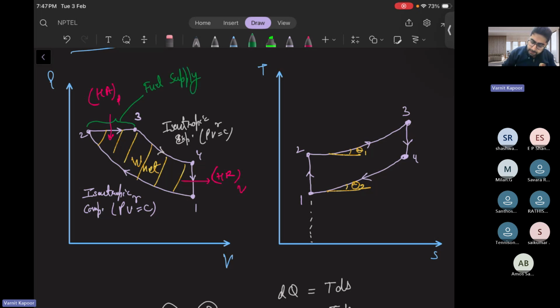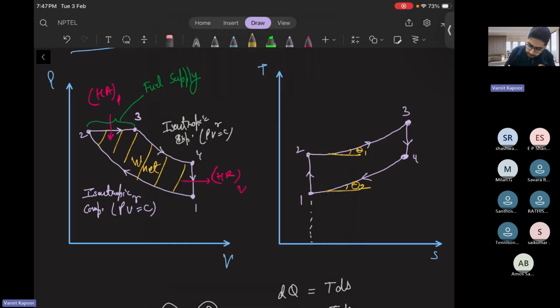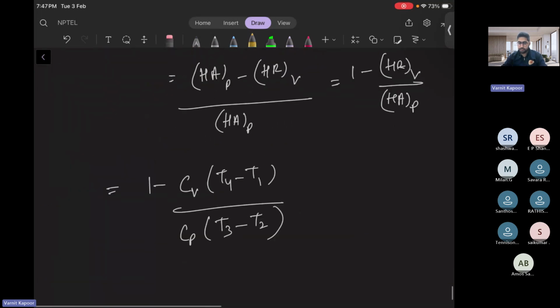And point number 3 is basically your cutoff point. Cutoff. Okay, cutoff. Yes, so we were at efficiency.